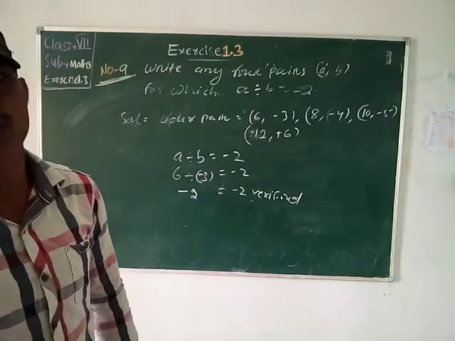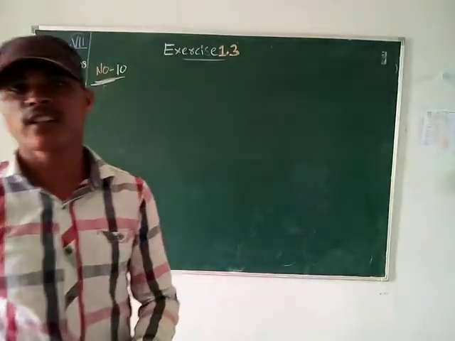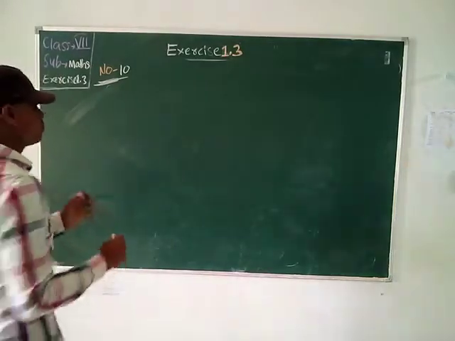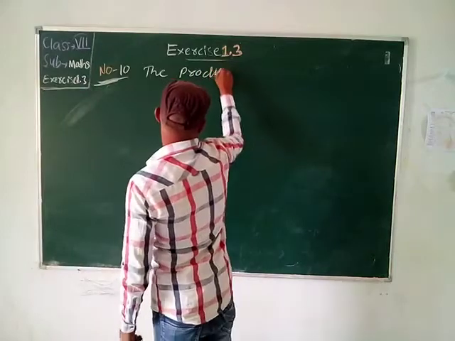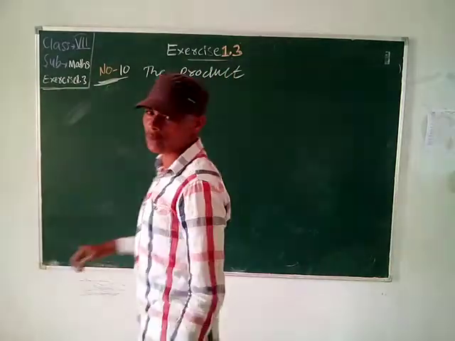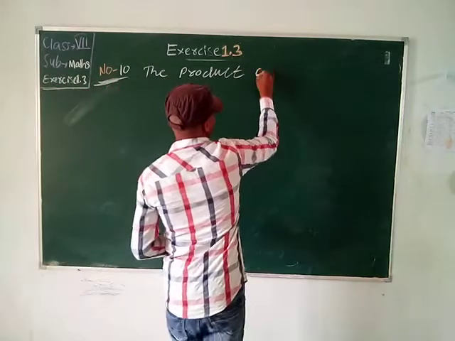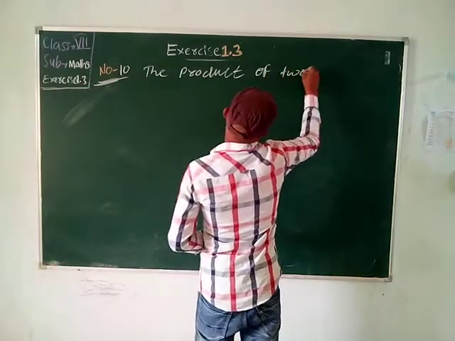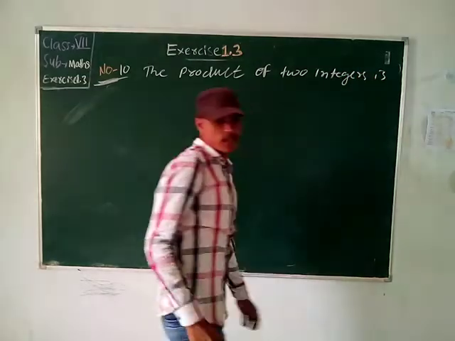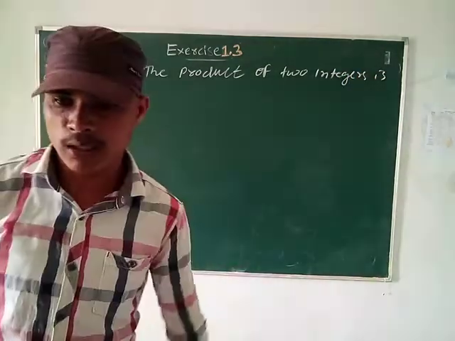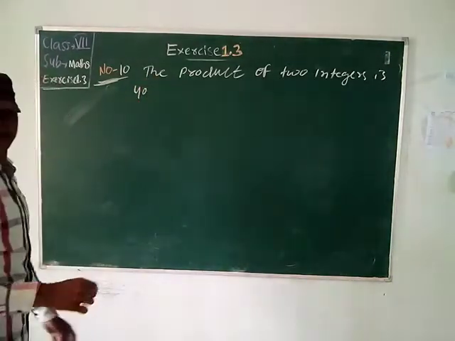Now we will do number 10, the last question of our exercise. See the board. When you multiply two numbers, you get the product of two integers. The product of two integers is 40.